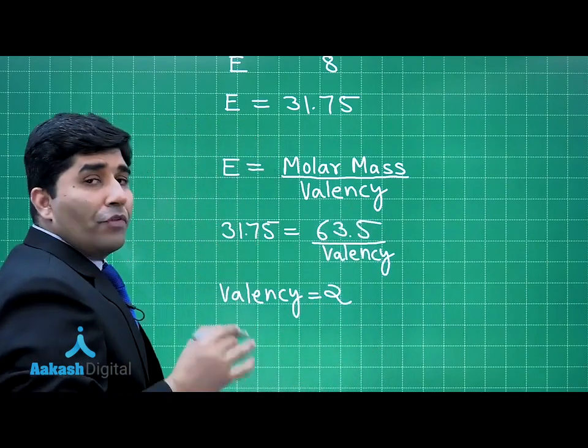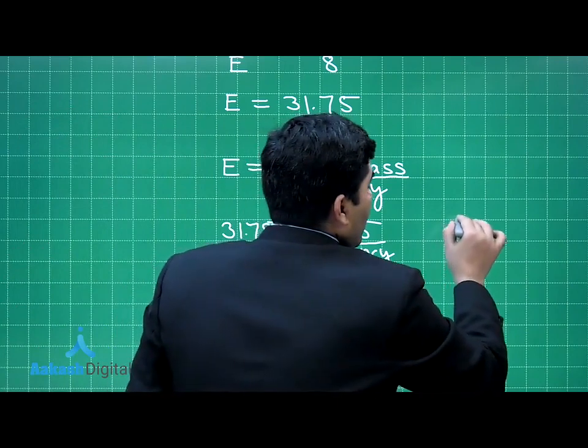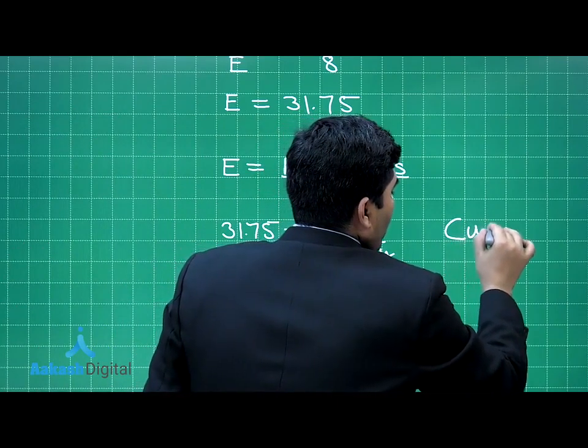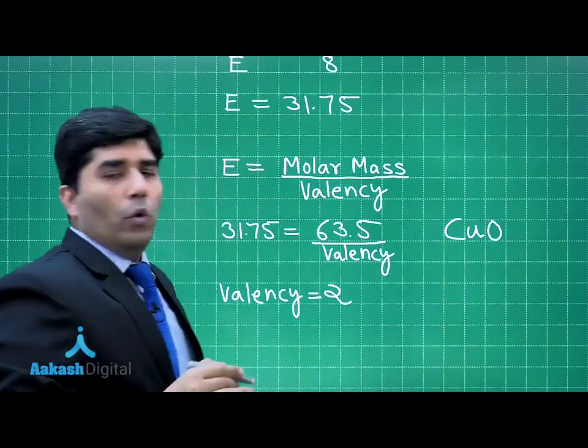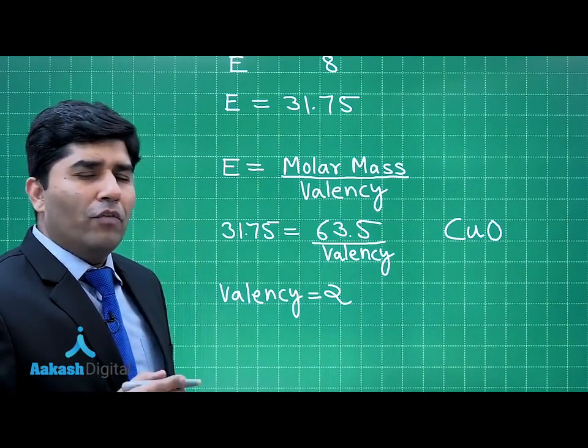So the valency of copper is 2, therefore the formula will be CuO. So that's how we solve these types of questions. Let's solve another question.